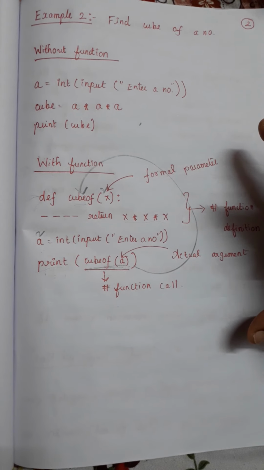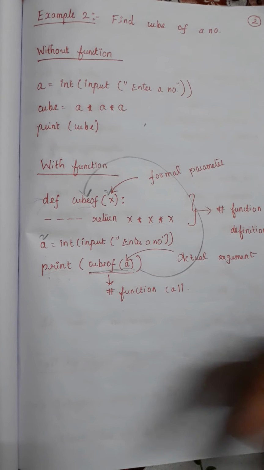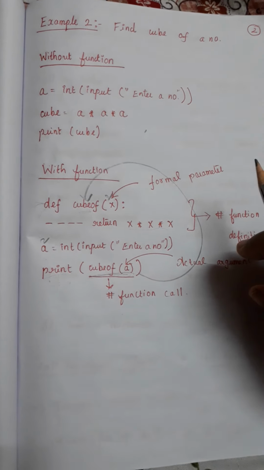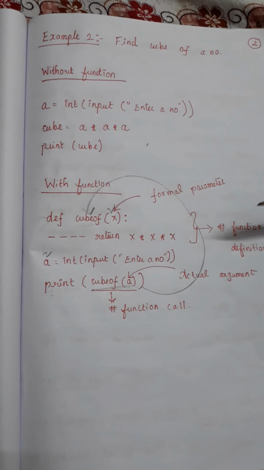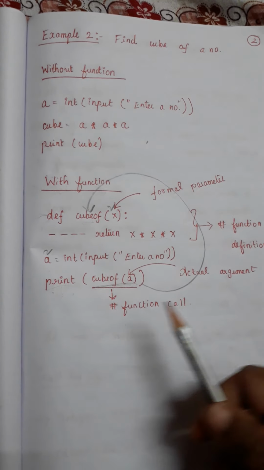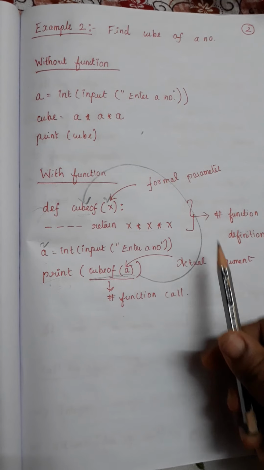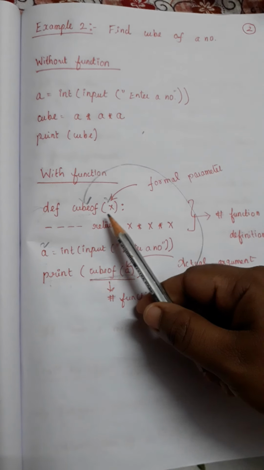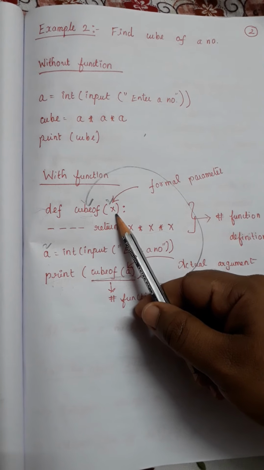Now I'll be introducing you to two more new terms, actual argument and formal parameters. Parameters and arguments both mean the same, that is, inputs are called parameters and arguments. But what is the difference is, what we are using in the function call is said to be the actual argument. The same, when it is passed to the function definition, when it comes here, then this is called a formal parameter.